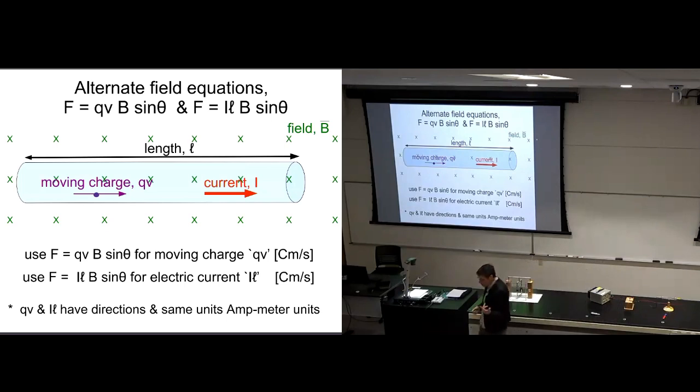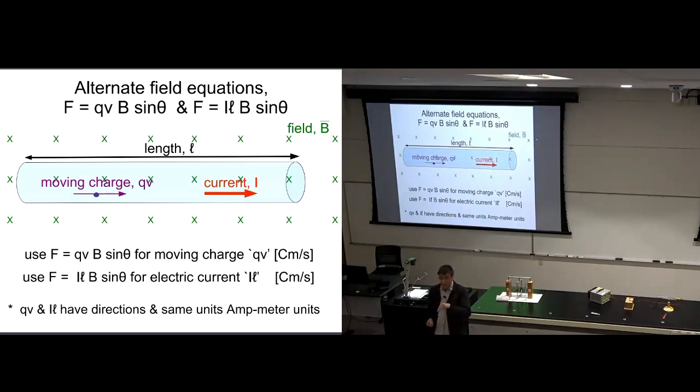If you think about QV and IL, these two alternate ways of describing the property that experiences magnetic forces, they both have directions, right? It's important because the magnetic force depends on the directions of the charges.